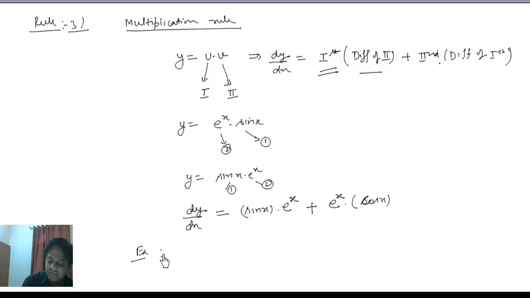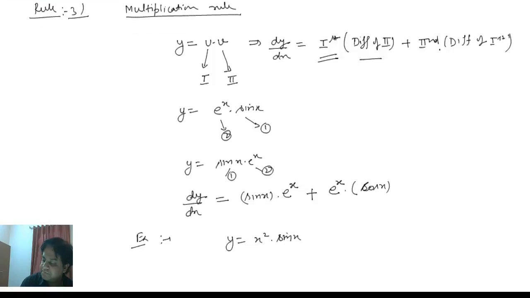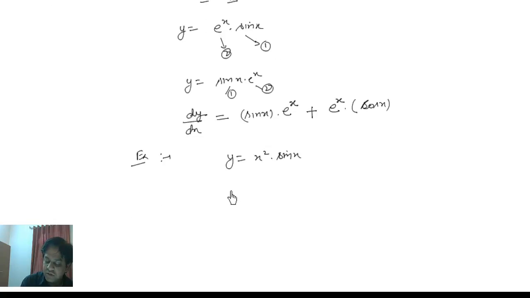Let's see some other example, like y is equal to x square into sin x. So here dy by dx, that is the differentiation of y with respect to x, is: let's say this is the first function, this is the second one.